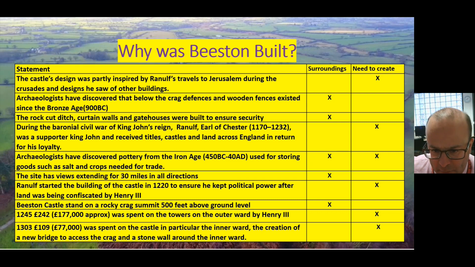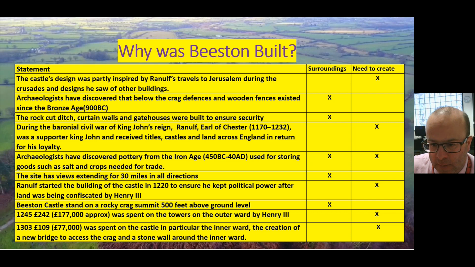So if you revise the statements on the left and you look at where I've highlighted on the right, the difference between building a castle at the site and needing to build a castle, you've got facts and evidence to explain why the castle was first built.